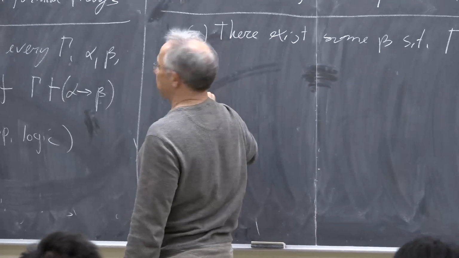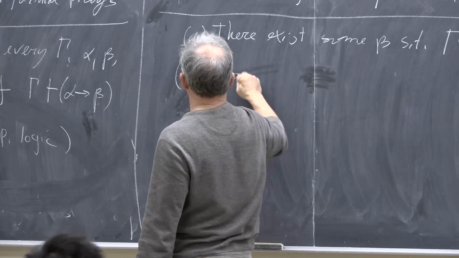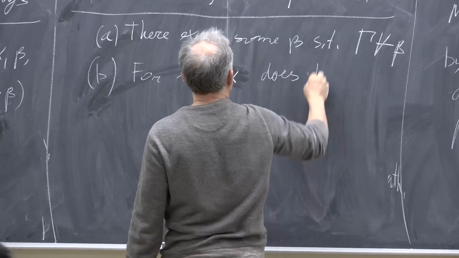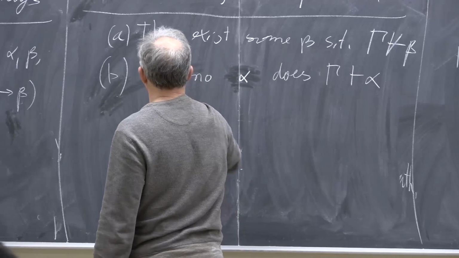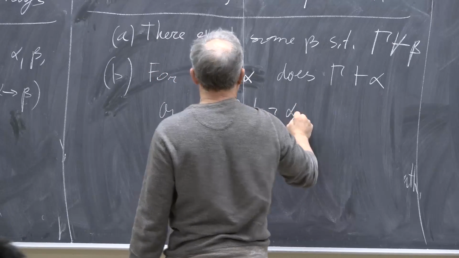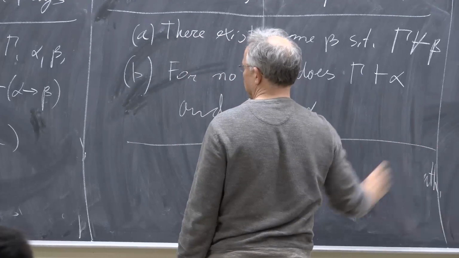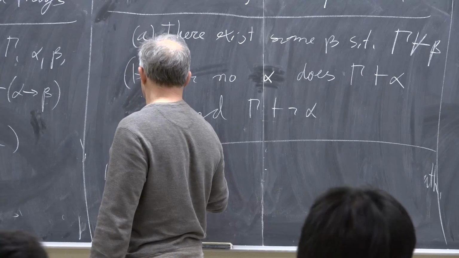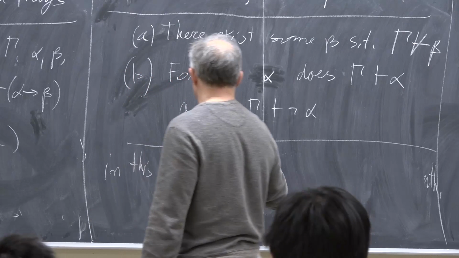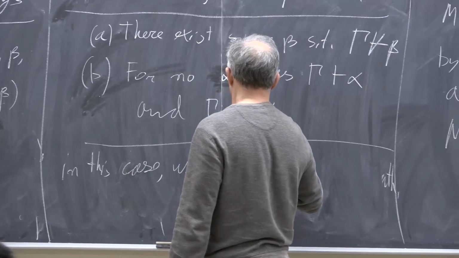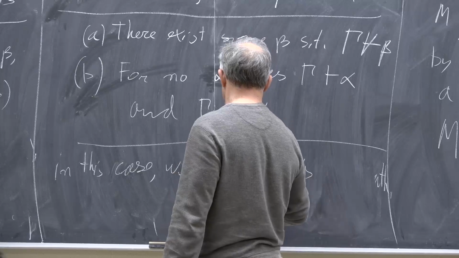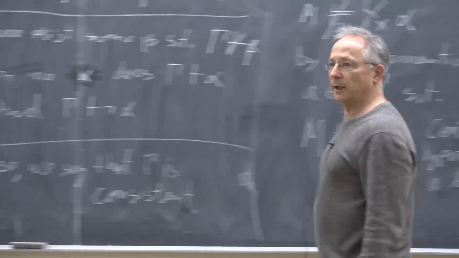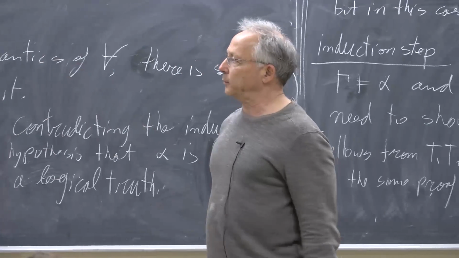And the second one is for no alpha does gamma prove alpha and gamma prove not alpha. And if this holds, in this case, we say that gamma is consistent. So the definition of being consistent is exactly the same definition as in propositional logic, and it's one of these two equivalent definitions.